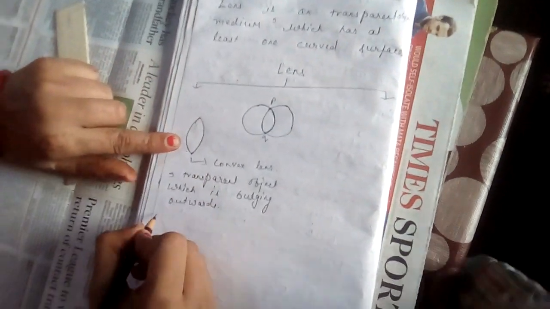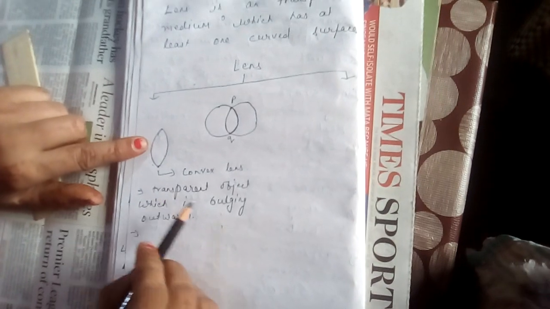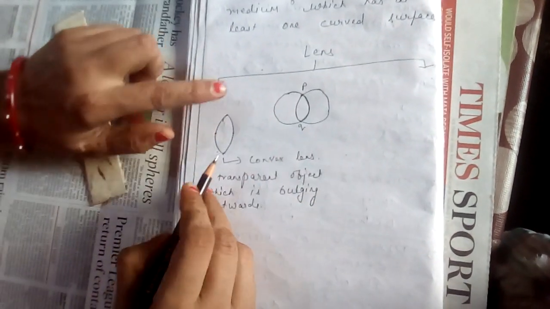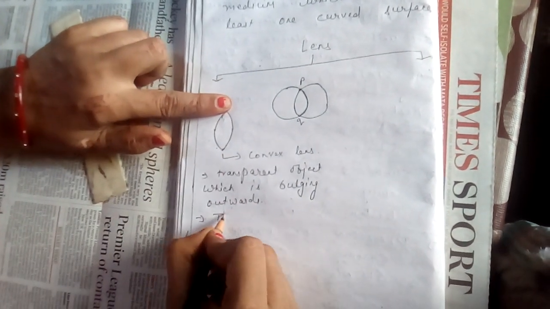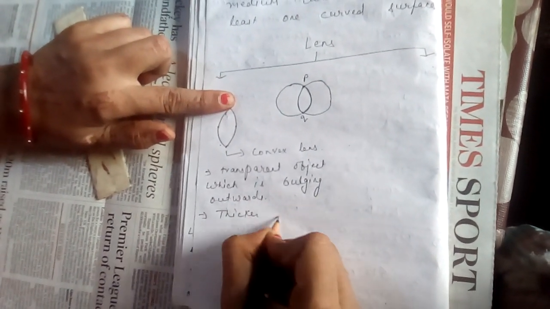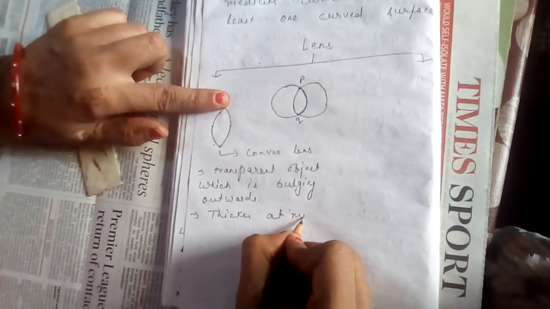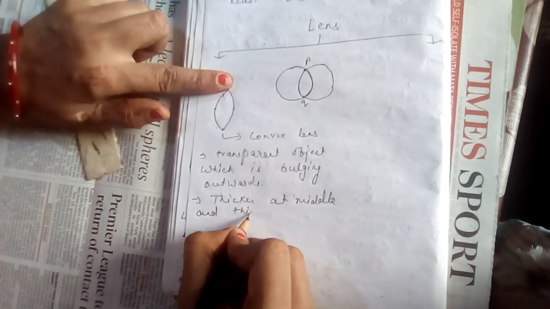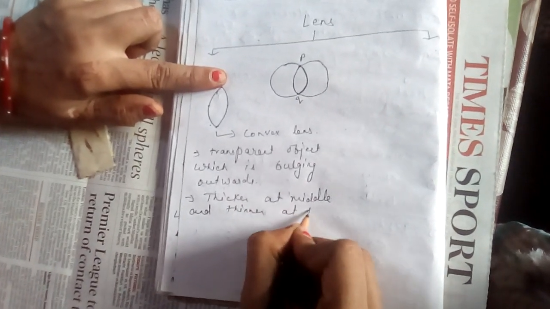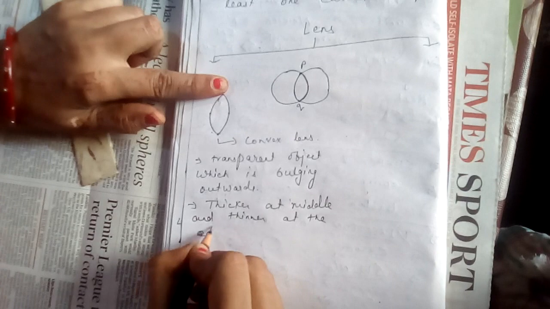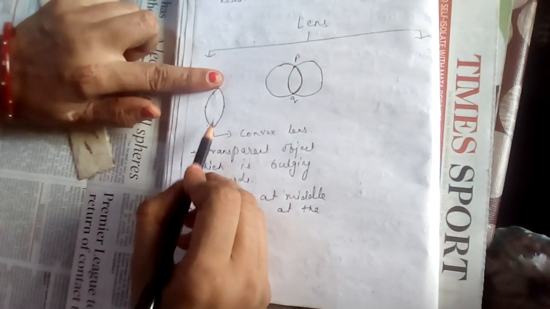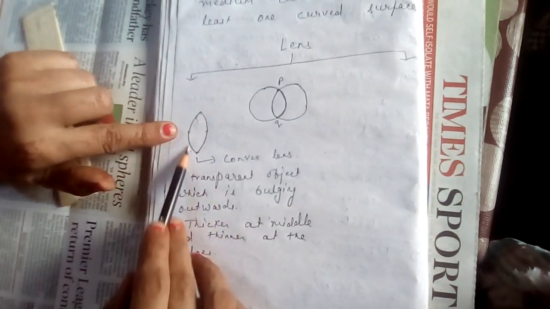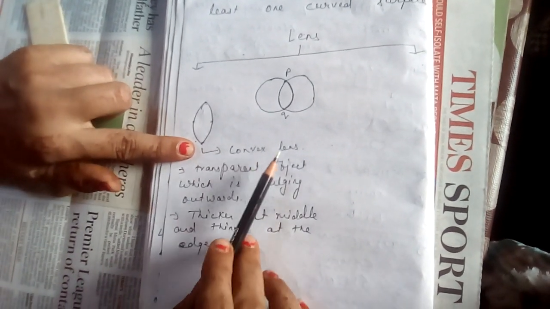Or you can say a convex lens is a transparent object which is thicker at the middle and thinner at the edges. See the two points, very thin at the edges and thick at the middle. This type of shape we call a convex lens.